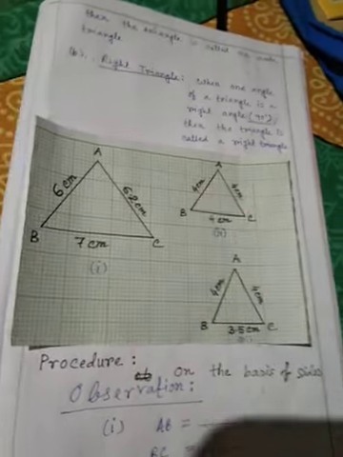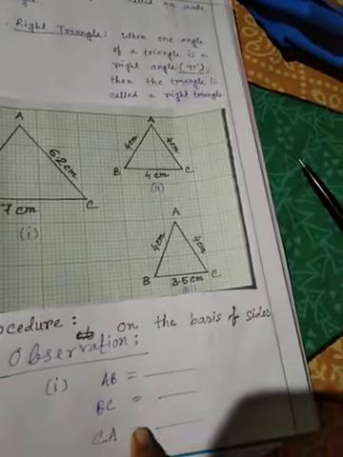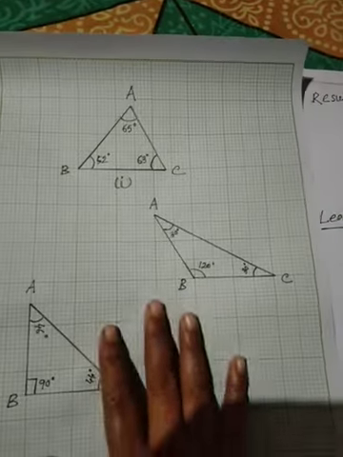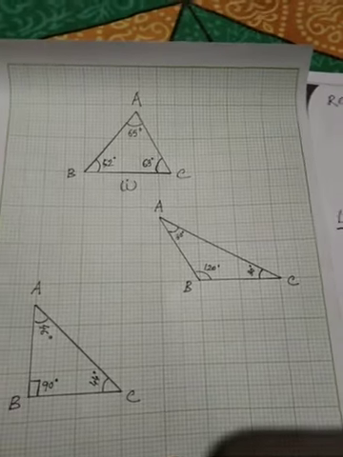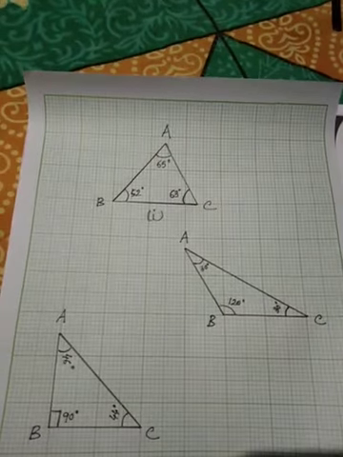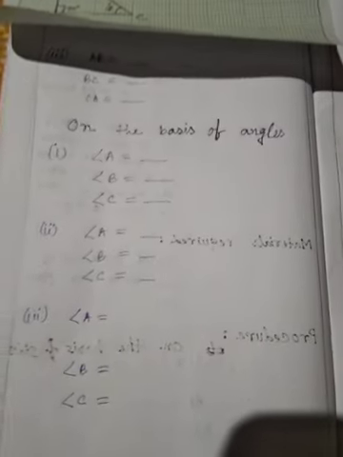In this way the remaining two also we have to write in our own words in the observation part. Now in the same way, on the basis of angles also I have drawn three triangles. So here also you have to take three triangles, and then whatever you are getting from those three triangles you have to write in the observation part in this way.